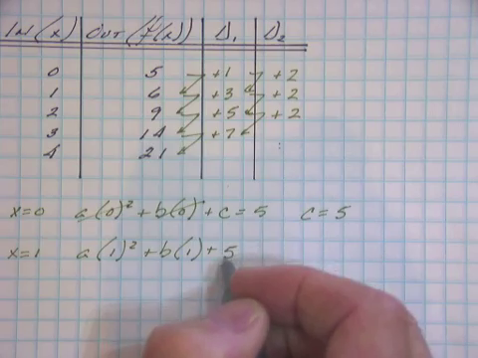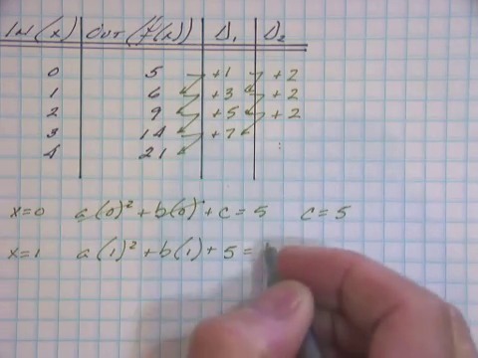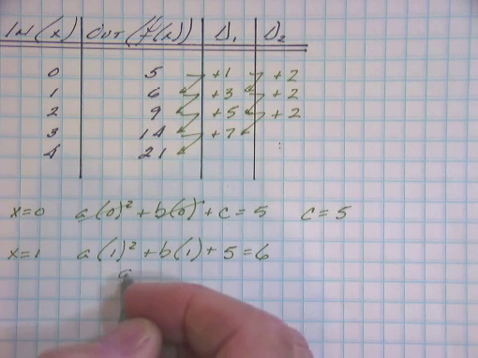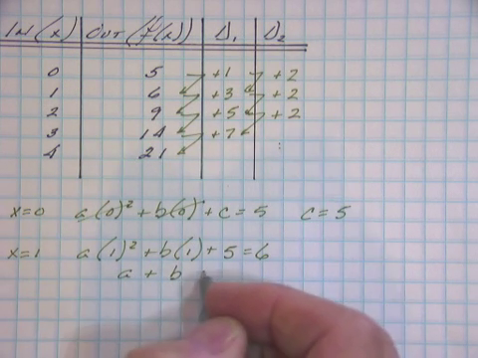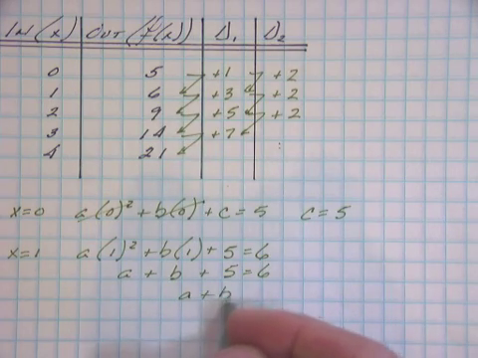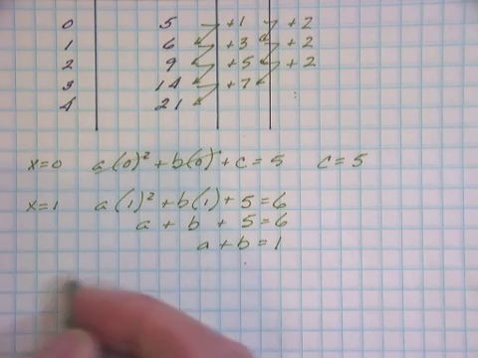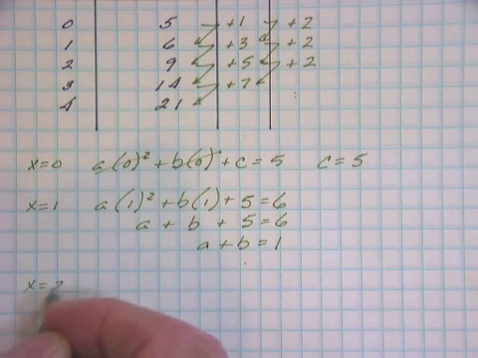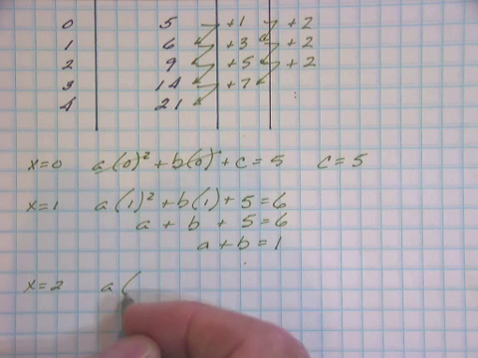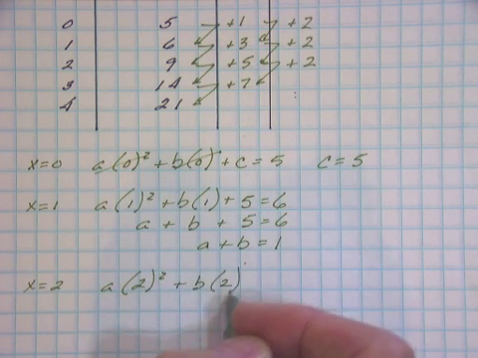Now we're going to look at x equals 1, so a times 1 squared plus b times 1 plus c, but I'm going to put 5 in for c, equals, and when x is 1, I expect to get 6 out. Simplify that, that's a plus b plus 5 equals 6, or a plus b equals 1.